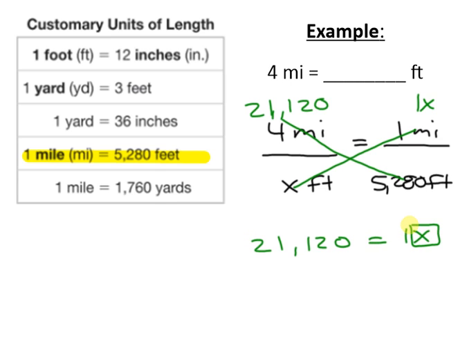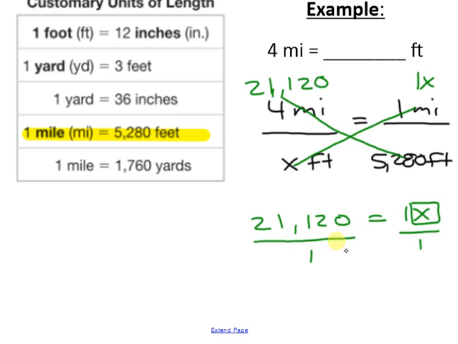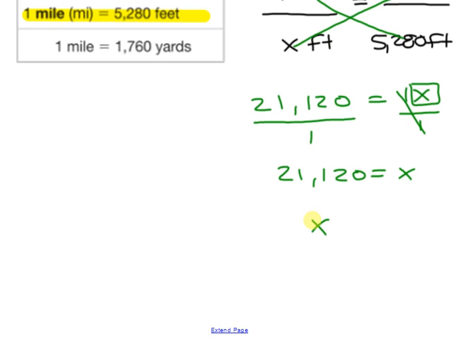I'm going to box the variable and divide by 1 on both sides. 21,120 divided by 1 is 21,120 equals, these ones cancel, x. Then I'm going to flip this around, so x equals 21,120.